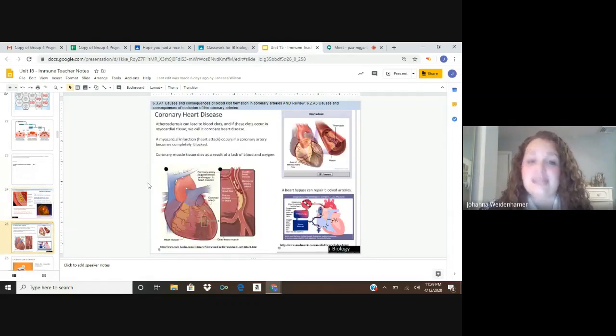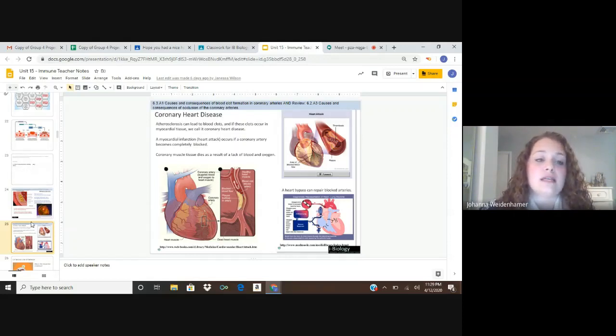And if it does this in the coronary artery, this could lead to a heart attack because the blood is not flowing correctly. It might not even be able to flow at all because of the blood clot that forms because of that rupture or because of the opening that occurs in that blood vessel.